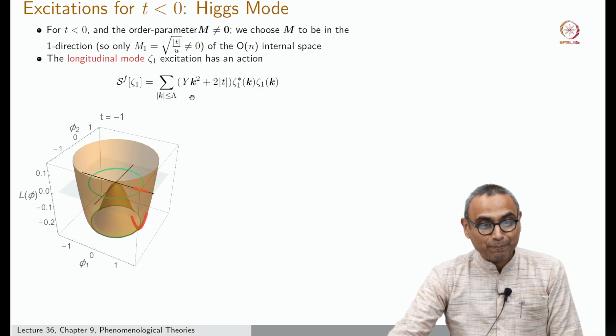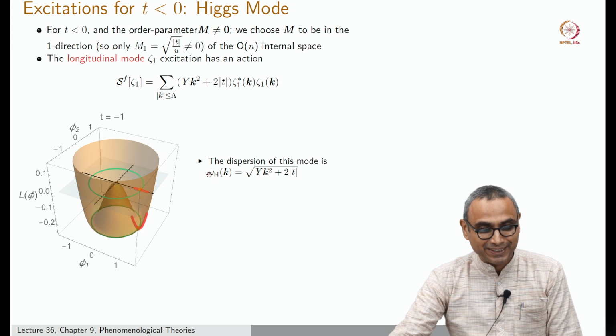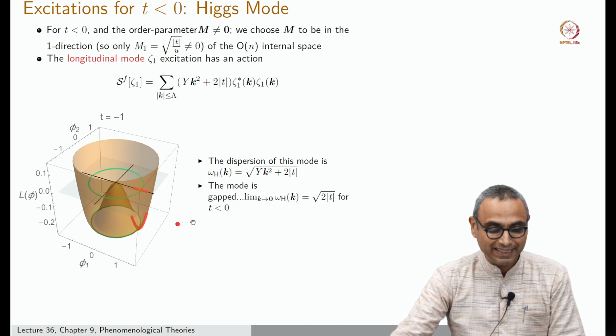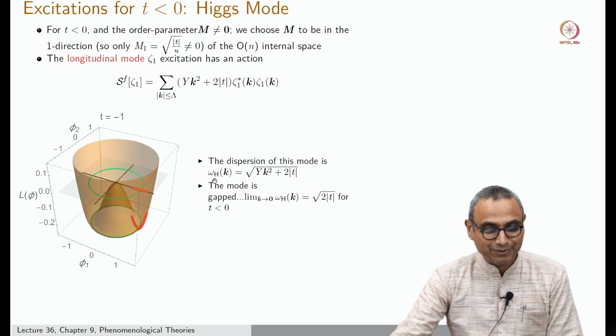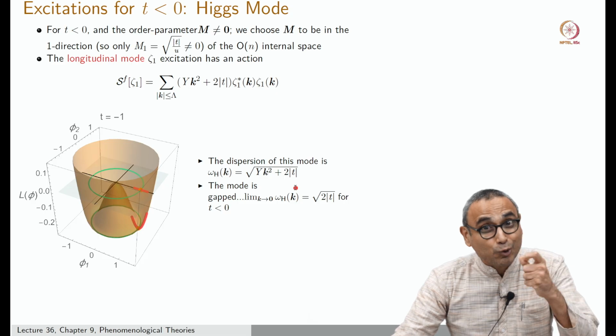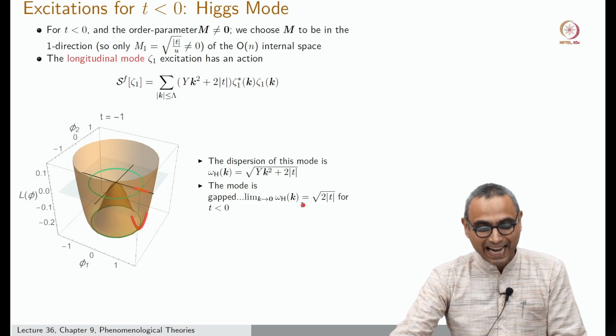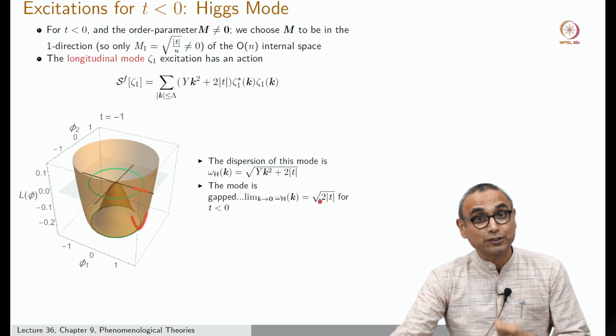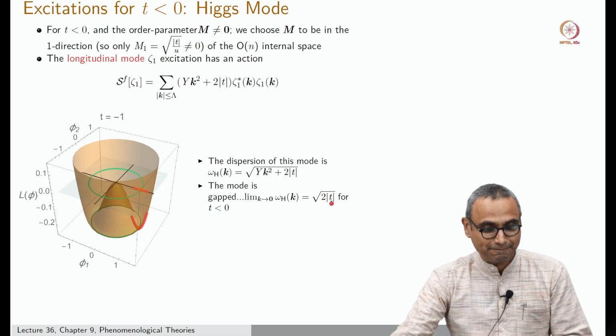By the way, this mode is called the Higgs mode. The frequency associated with this mode, omega Higgs, goes as square root of k squared plus 2 mod t. This is also a gapped excitation, and the gap when k goes to 0 is square root of 2 times mod t.